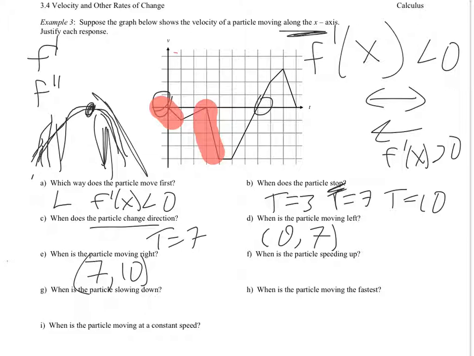And then I see there it's slowing down, and actually we know that because the velocity is approaching 0. Okay, here it's speeding up because the slope is positive and it's going up. So when is it speeding up?